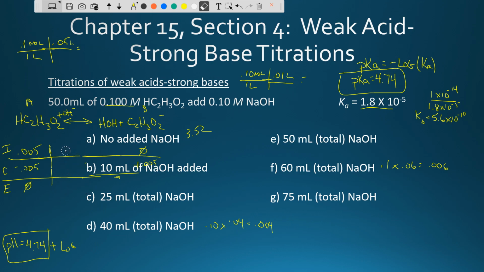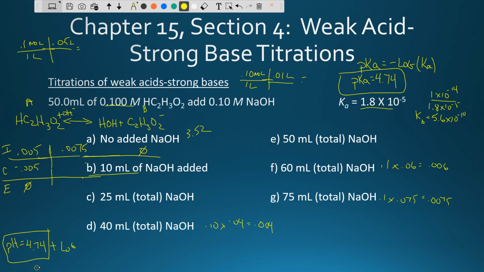Okay, so we have one more scenario that we're going to run on my last titration. That's going to be when I add 75 mL. I know I'm over the top, and so I'm going to be adding in 0.1 times the 0.075. That gives me a value of 0.0075. Okay, so 0.0075 goes here.